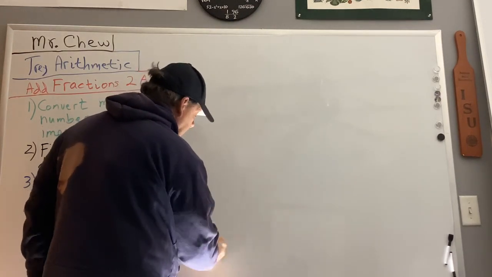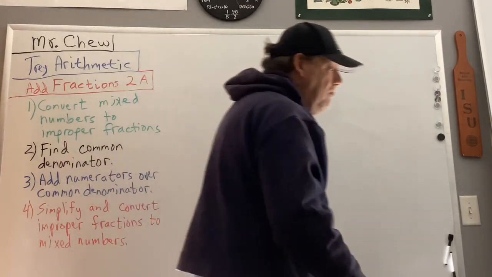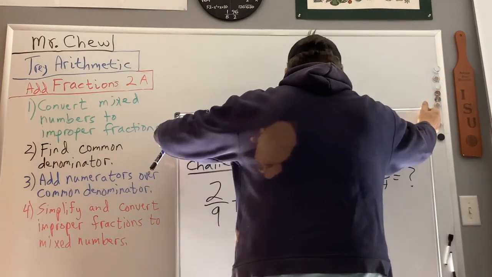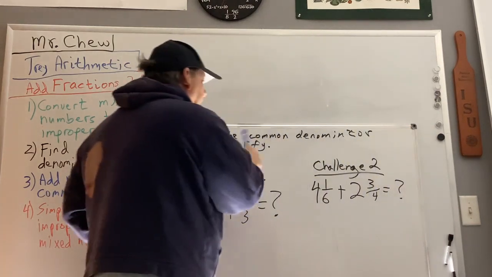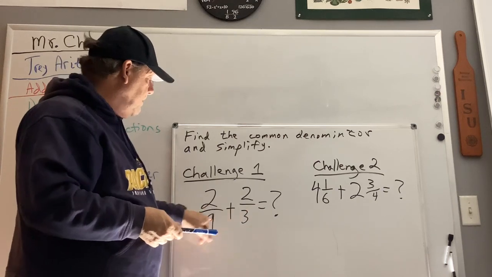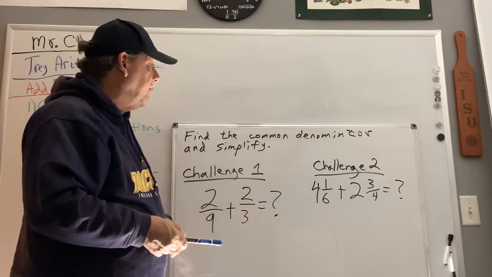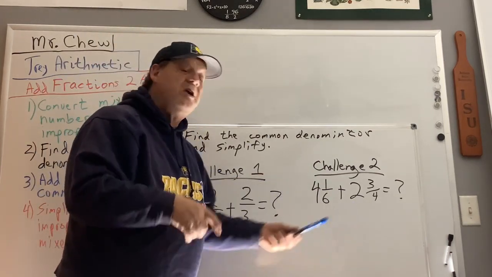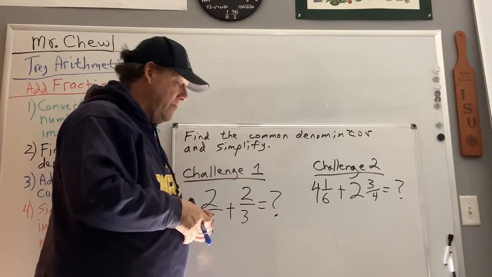It is that quick to do, because there will be a link that comes up. I have these on another board here, so that we don't have to wait for me to write it. Find the common denominators and simplify. This is an easy one. You're just going to multiply the first one by 3 over 3, the second one by 9 over 9, and then simplify it. Challenge 2, you need to change these to improper fractions and then find a common denominator.